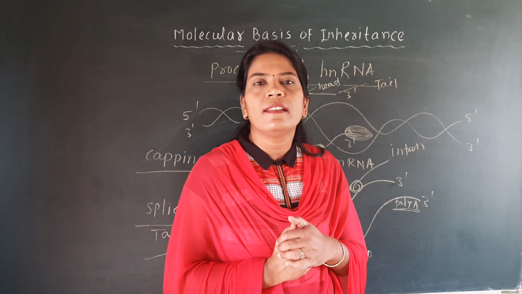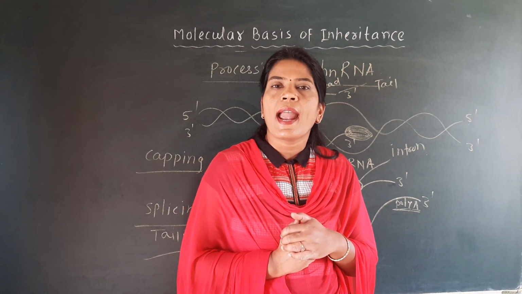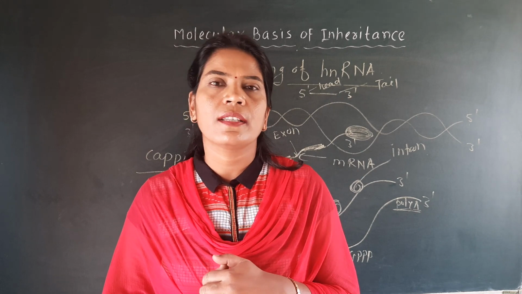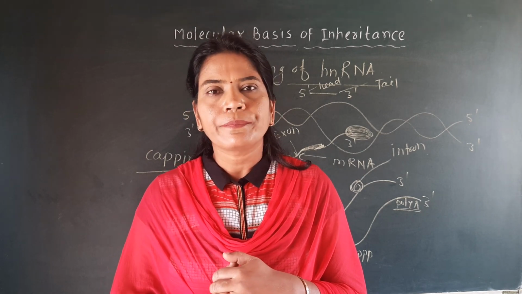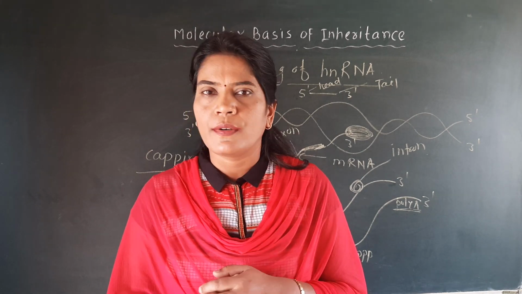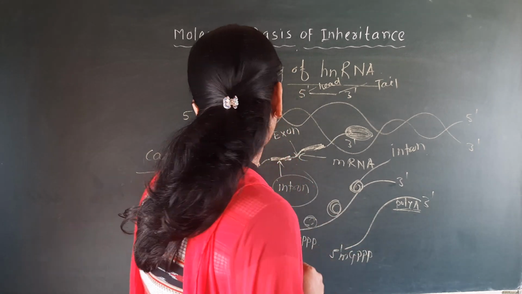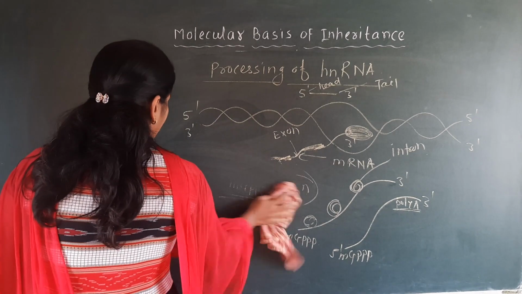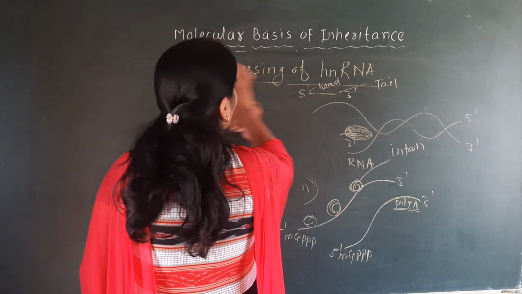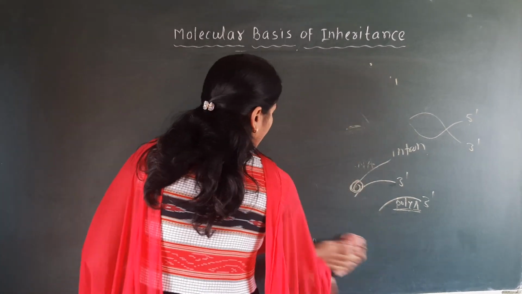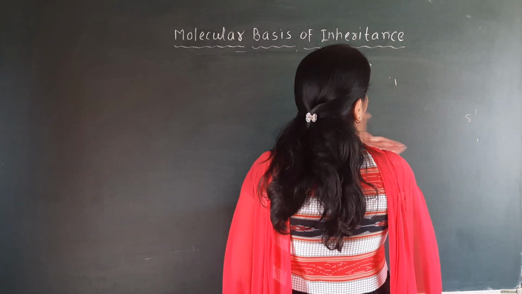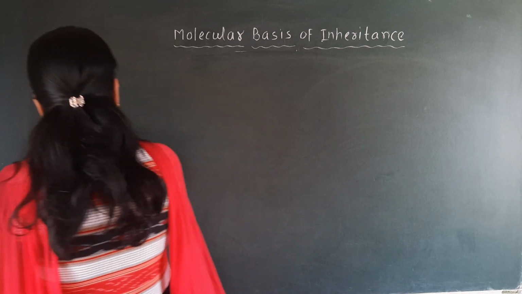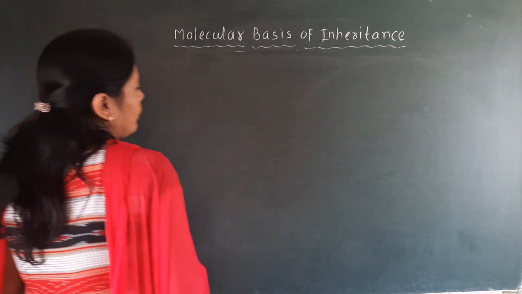After that we will discuss the genetic code, and after discussing the genetic code we will clear how the translation occurs in the eukaryotes. Okay, I think all of you get this transcription process very clearly. It is important from the MCQ point of view as well as from the theory point of view. Okay students.